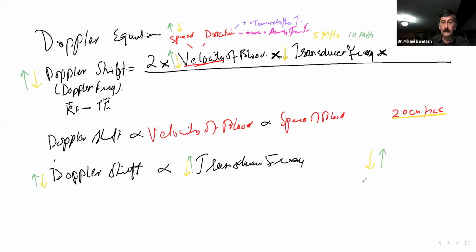Greater transducer frequency, greater Doppler shift. Lower transducer frequency, lower Doppler shift. Clear? And how do we get that? Just by looking at the equation and saying, well, the transducer's frequency is directly proportional to the Doppler shift.